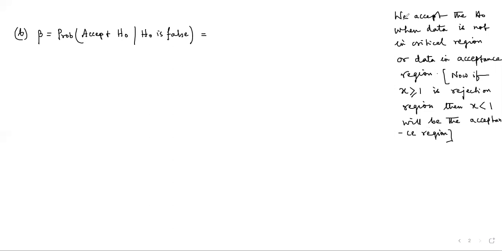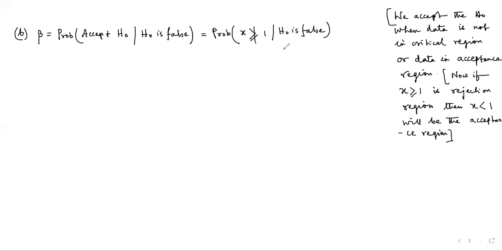Okay, so this probability is actually to find the probability that x is not greater than or equal to 1 when H naught is false.